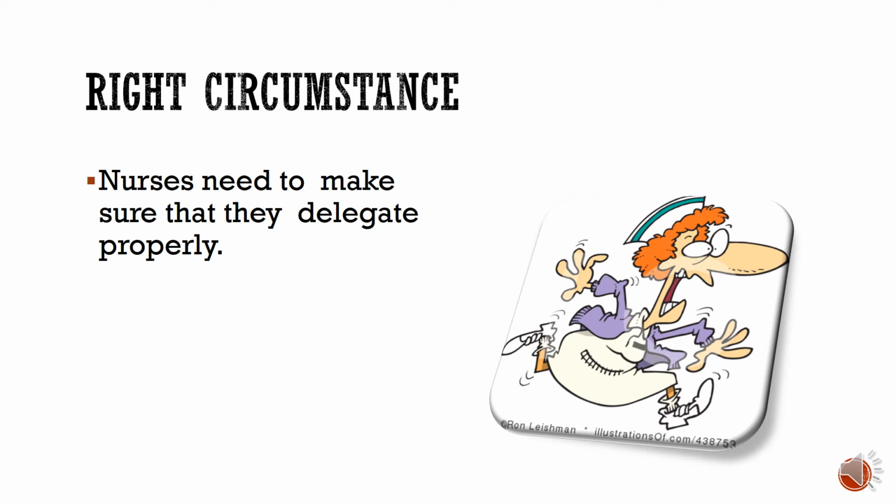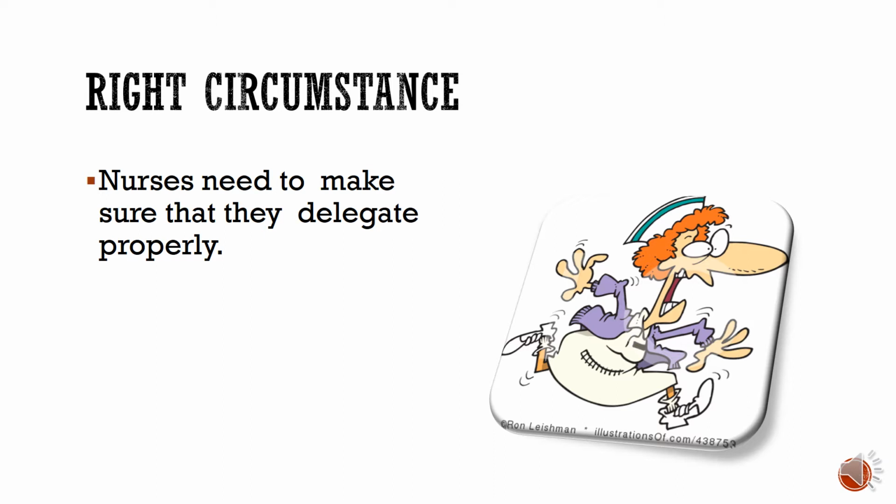Okay, so the next right is the right circumstance. With the right circumstance, this begins with assessing your patient. You need to delegate to one of the nurses on the unit that is going to be familiar with what our patient's needs are.